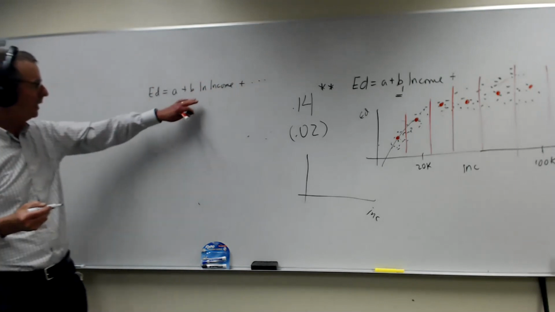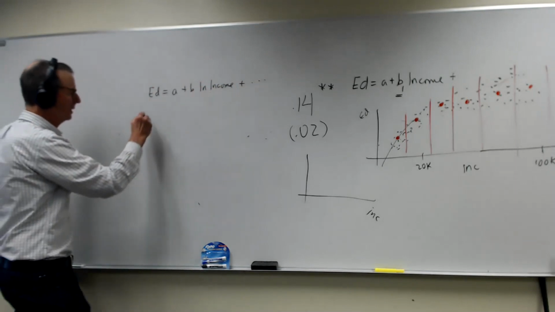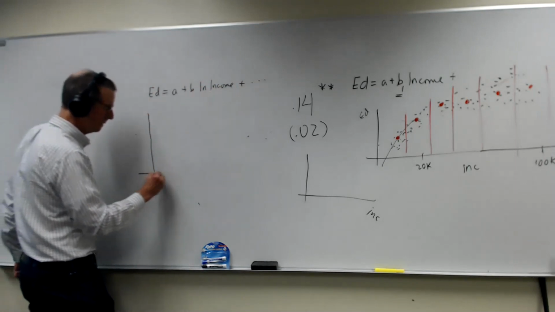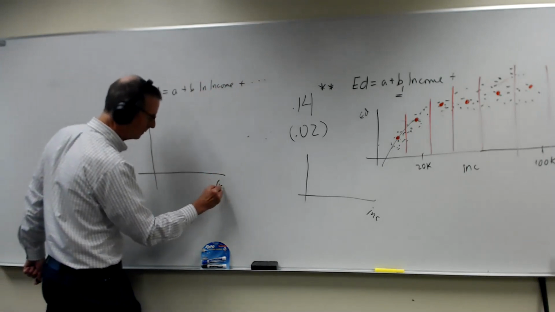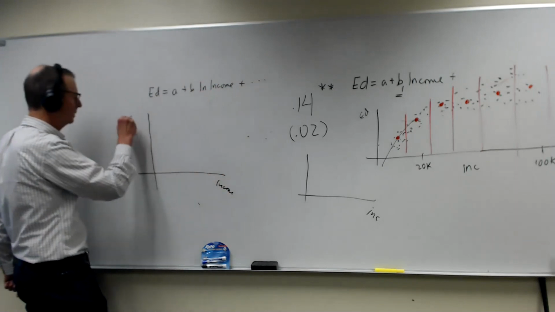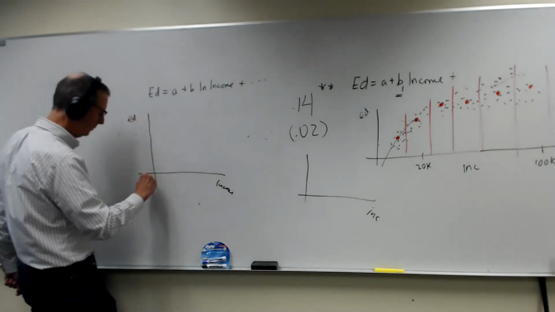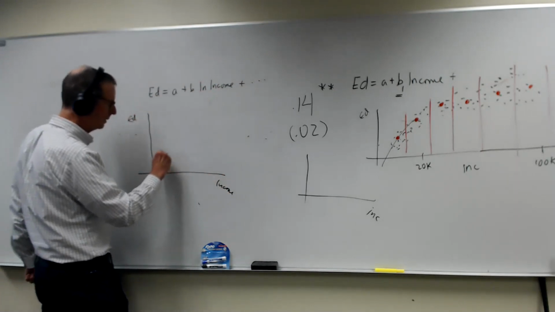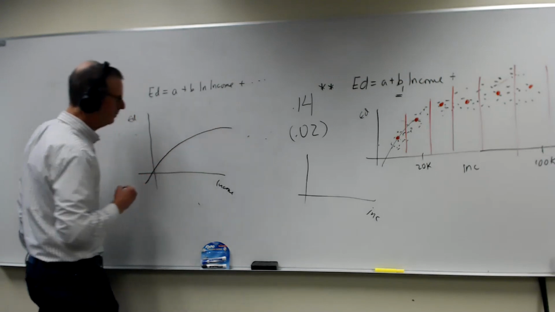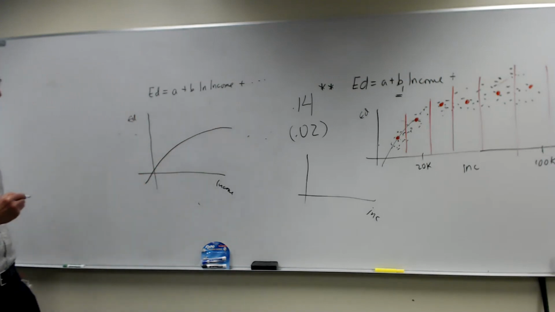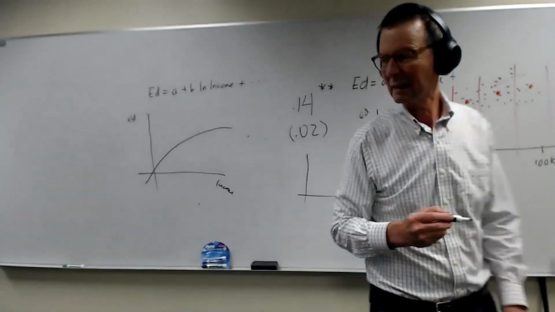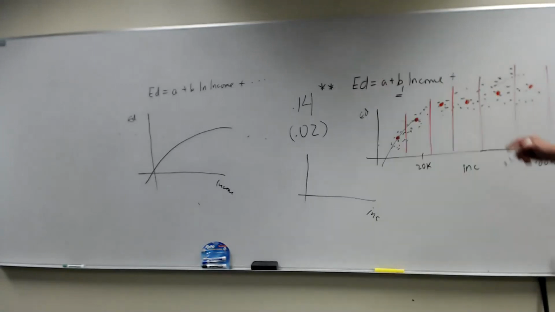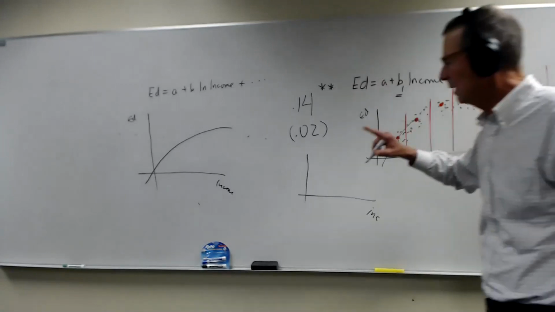So if you take the natural log of income, you're fitting a relationship that is increasing, but it's increasing at a decreasing rate. So that's not bad in terms of what these data look like.